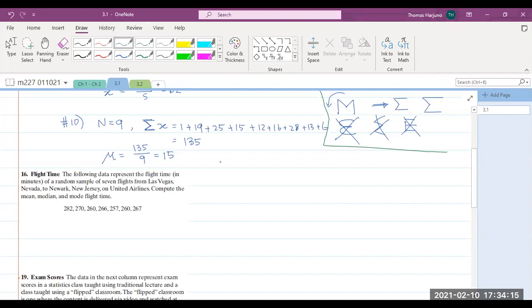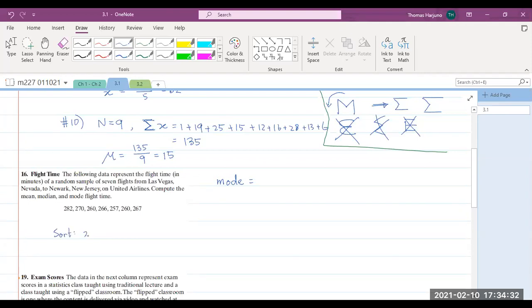Now, let's see the mode first. I think the mode is always the easiest. Mode is the most frequent data, right? Let me sort it first so that I can see it better. I put them in order.